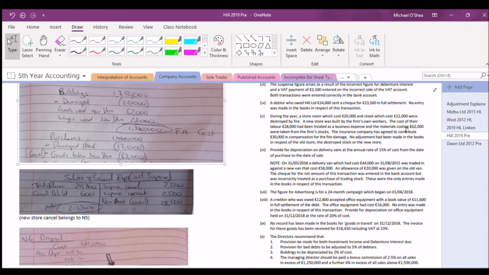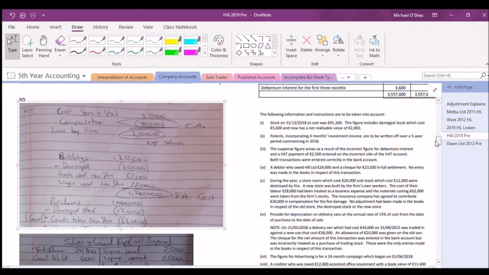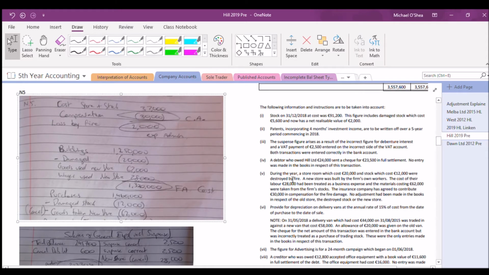You don't go messing around adding it to your wages, especially don't go adding it to your purchases. This 62,000 and this 28,000 is investment into a building, so they contribute towards the building valuation. So this shouldn't go in here as a business expense.